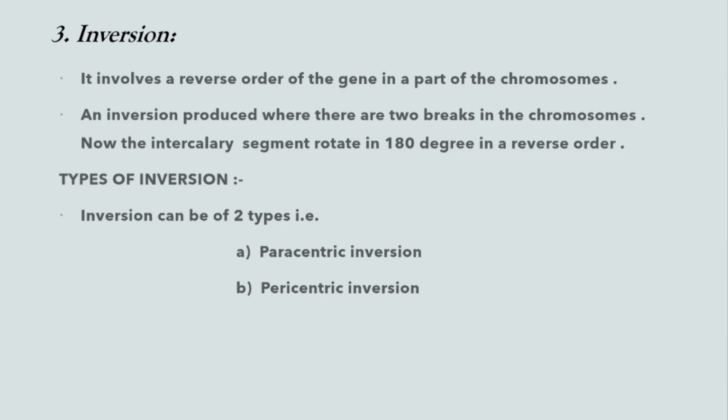Now the intercalary segment rotates 180 degrees in a reverse order, and after the two breaks, the segment rotates 180 degrees in a reverse order. So it is again of two types: paracentric inversion and pericentric inversion.